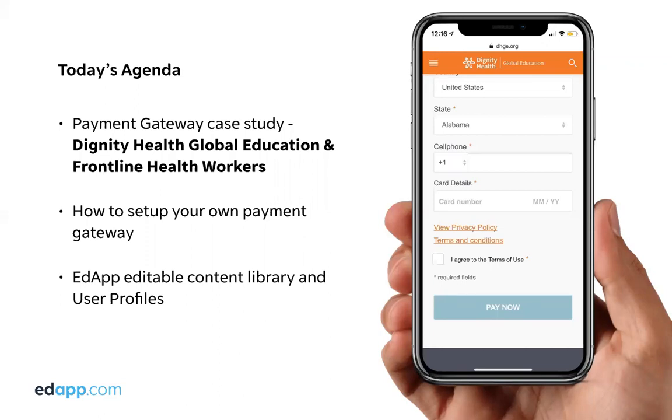So in order to show you the inner workings of a payment gateway and how you can approach it yourself, we're going to talk you through a fantastic case study here that will really set it up nicely, I believe. Then we're going to talk about just quickly how you can execute this for your own coursewares on EdApp. And the guys at Improvement Sciences have really got the integration down to a T, so they can help you on that front if you're interested.